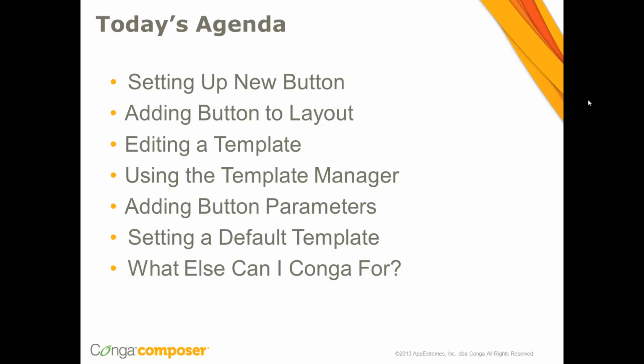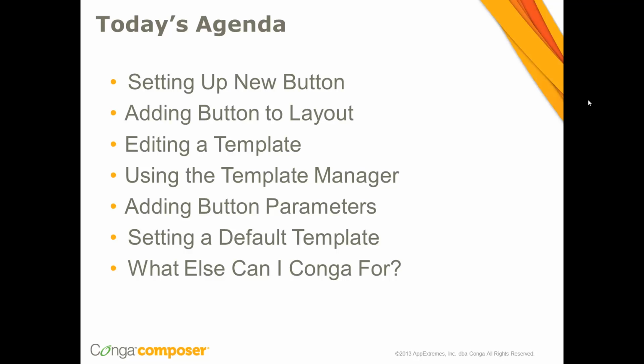The steps that we'll be going through today is first setting up a new button and adding that button to our page layout. Once we've done that, we're going to customize a template so you can see how you can control the contents of the documents that you're generating. Then we'll use the template manager to make the experience easier for your end users.